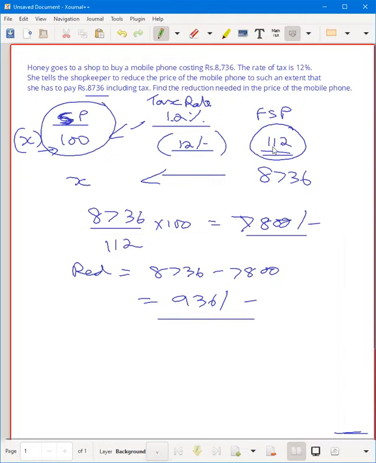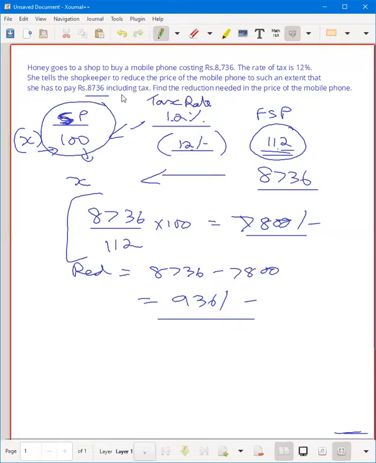If 112 is the final selling price, which includes a tax of 12%, the selling price is 100. Now if my final selling price is 8736, what will the selling price be? We solve this by the unitary method, get 7,800, and go for it. Is this clear? Either of the two methods you can use. There's no difference between both.